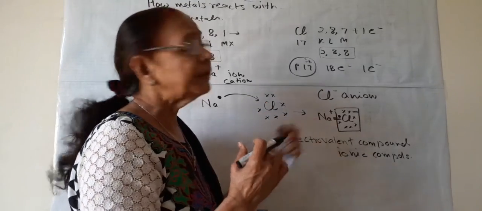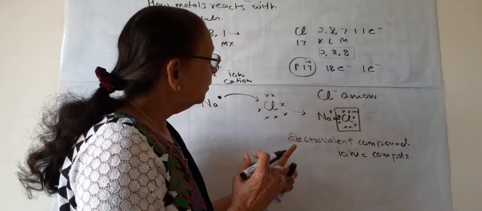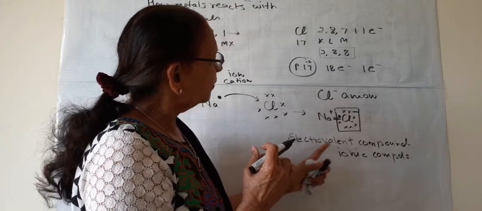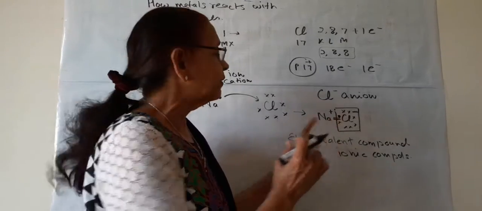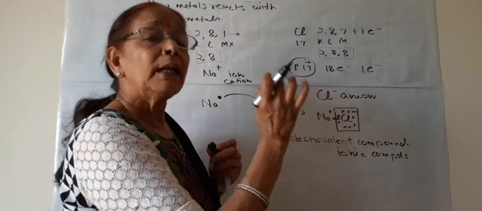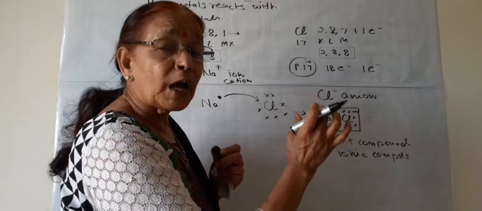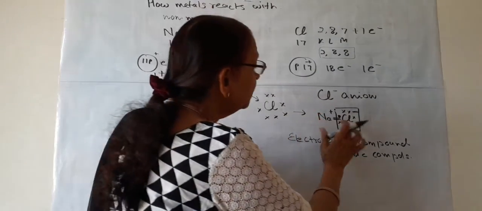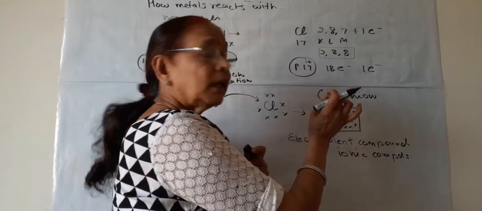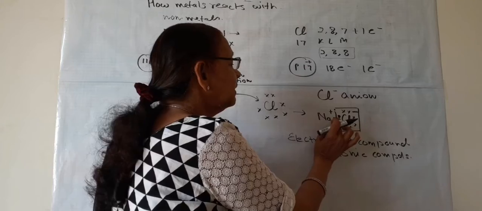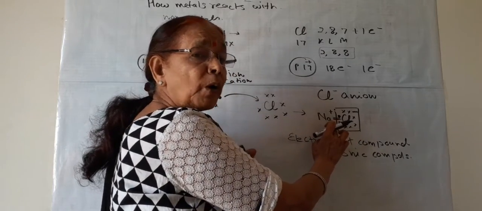And this force of attraction between them is electrostatic force. Due to this force, they come near to each other, and in chemistry this is known as bonding.